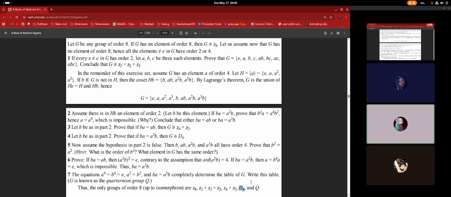Actually, I think I have an intuitive reason why. Groups of order 6, 6 is a product of two primes, right? 10 is also a product of two primes. So they have the same number of alternatives. But 8 is actually a product of three primes, 2 times 2 times 2.